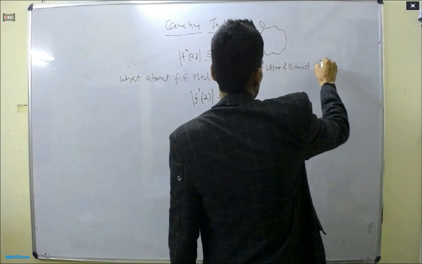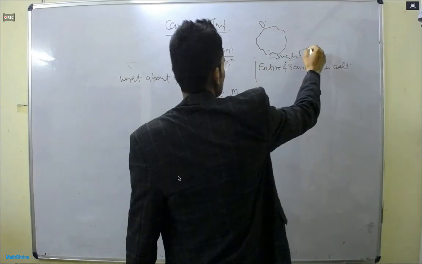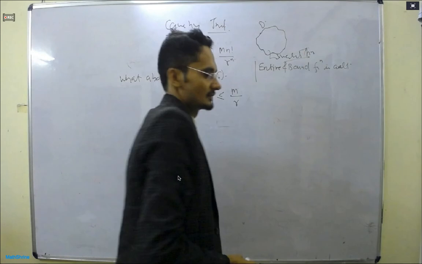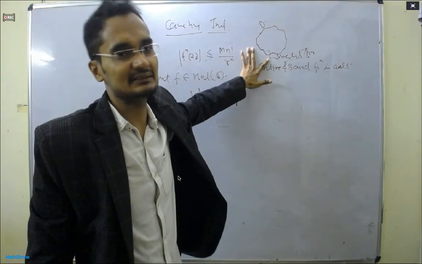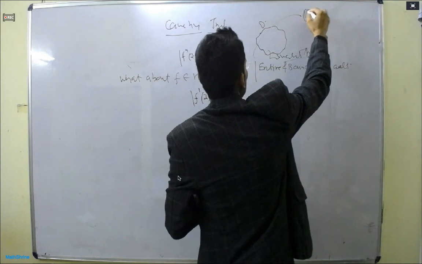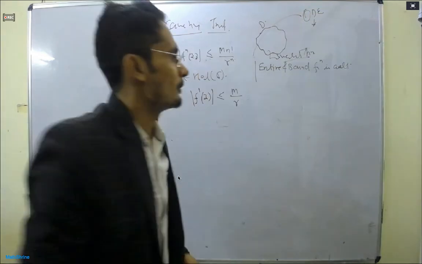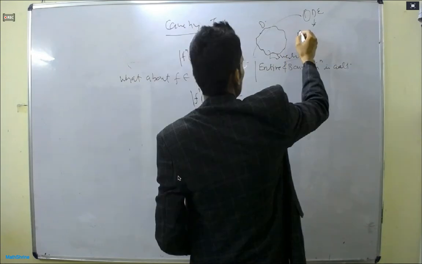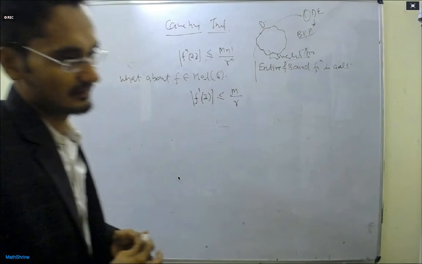If I add one more word, it becomes Sturm-Liouville, which will come again in ODE, and that will give you the solution of the boundary value problem. We will discuss that Sturm-Liouville problem in detail. Anyway, entire and bounded functions are constant.